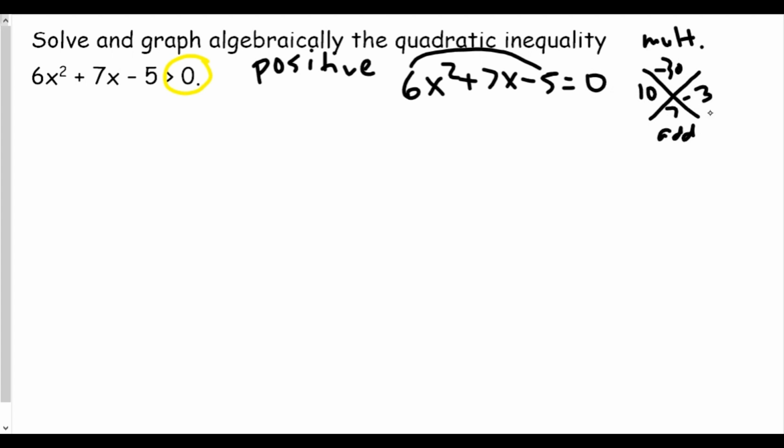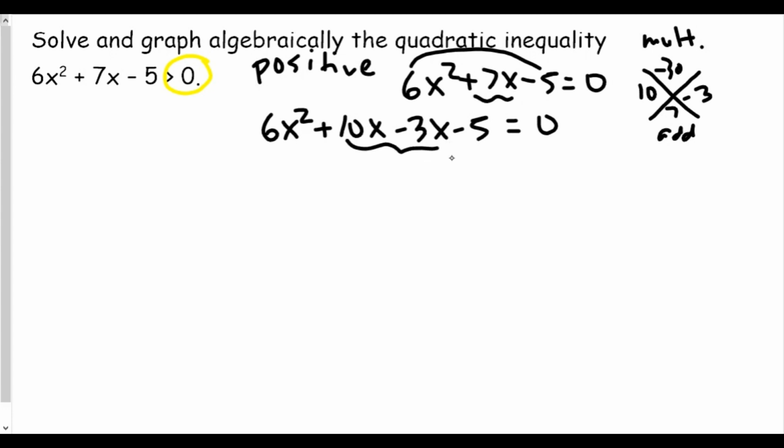So what happens, we change this to 6x squared plus 10x minus 3x minus 5 equals 0. So the idea is that we break up this 7x into 10x minus 3x, and then we group together the following.